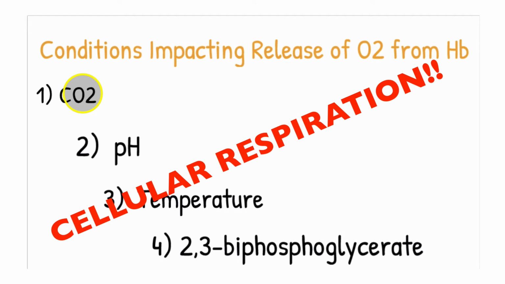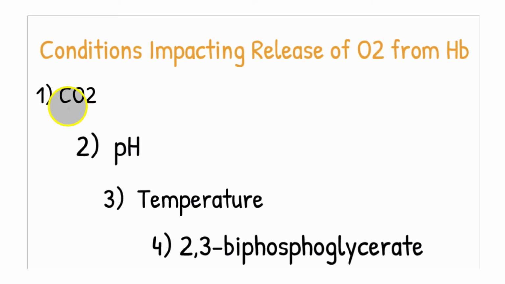Certainly, the goal is ATP. CO2 and heat are merely byproducts. But increased partial pressure of carbon dioxide, once again, carbon dioxide is a gas, so we reference it with regards to partial pressure. An increase in partial pressure of CO2 at the tissues will stimulate the release of oxygen from hemoglobin.